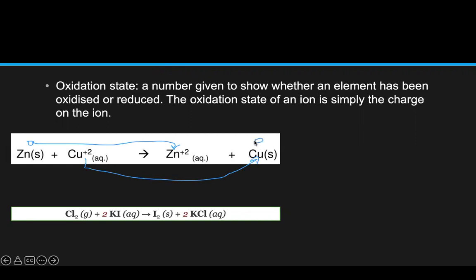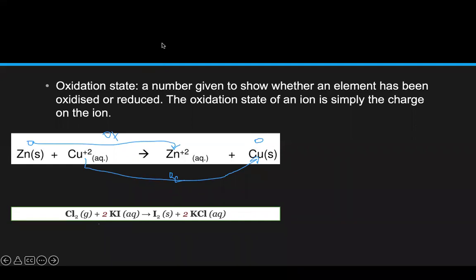So now we can name the reduction and oxidation reactions, where zinc has lost electrons, so it has become oxidized, and Cu has gained electrons in order to become reduced. Now, taking a look at this equation, the first thing that we need to do, as we said, is to write the ionic equation of the reaction.